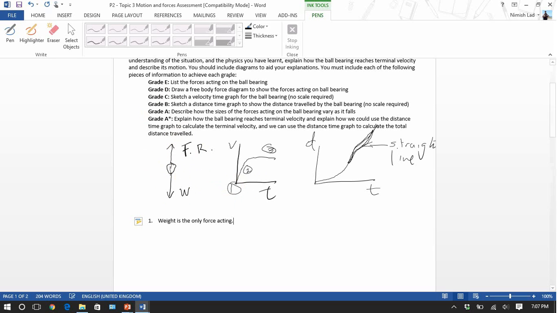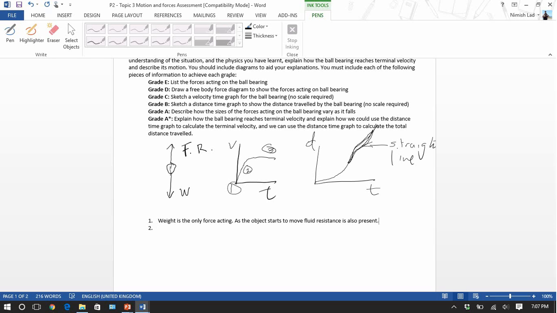So as the object, in this case the ball bearing, starts to move, fluid resistance or air resistance is also present. You've got to say what's happening to the motion.